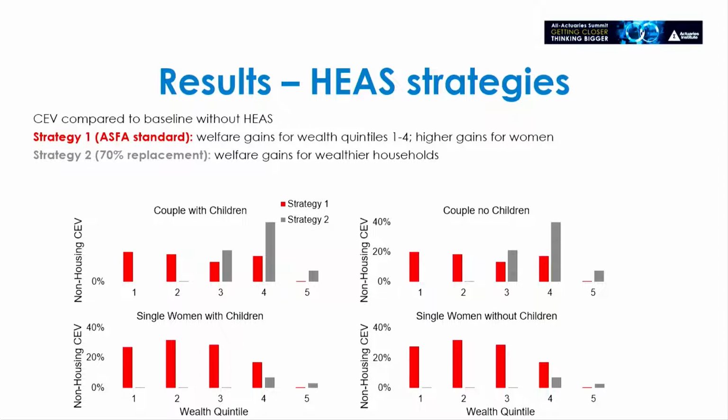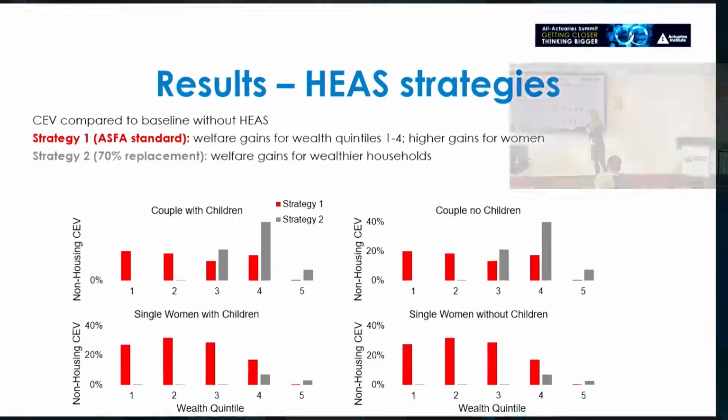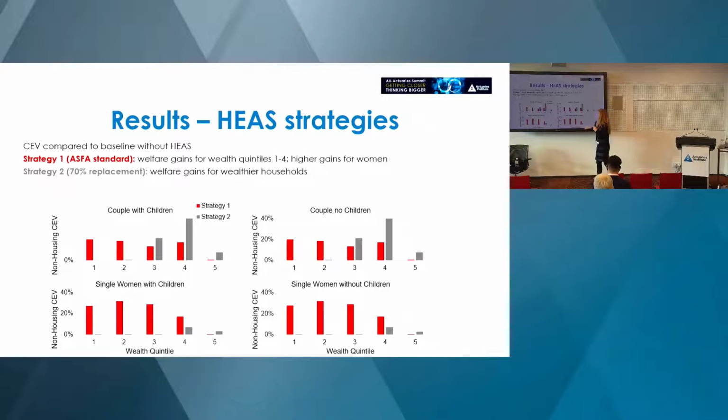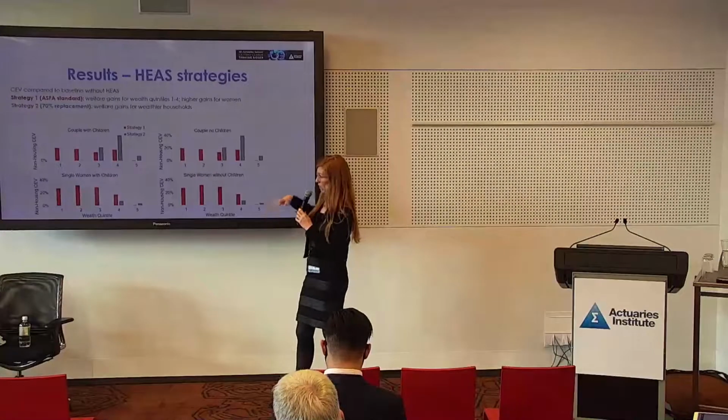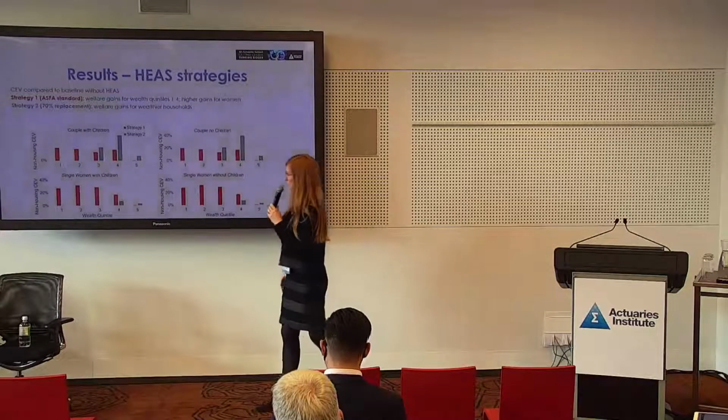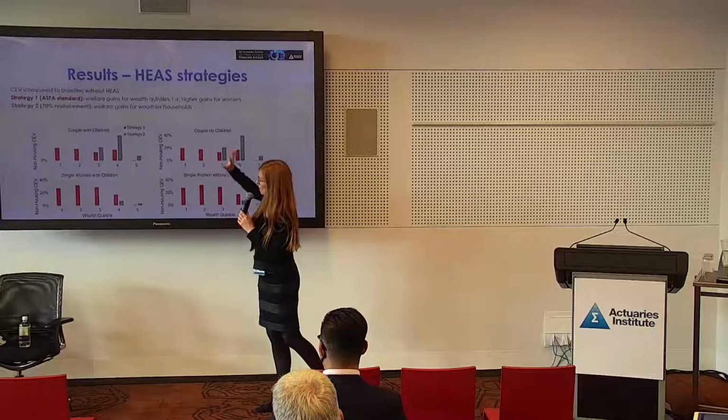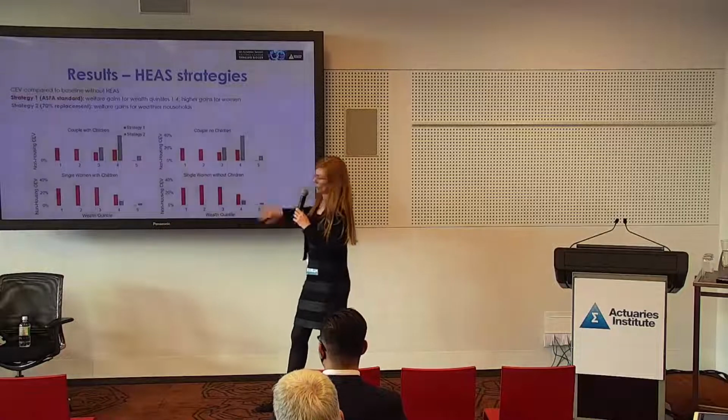We have split our group of Australian households, based on nationally representative data, into 5 groups based on their wealth. One is lowest wealth, and often they also have very low income. And 5 is highest wealth, and we show you the gains that they could get from using the home equity access scheme. The first thing to notice is that under both strategies, the gains are all positive.